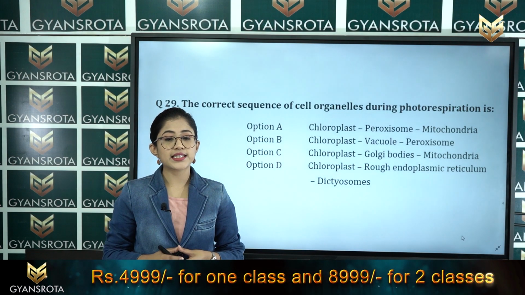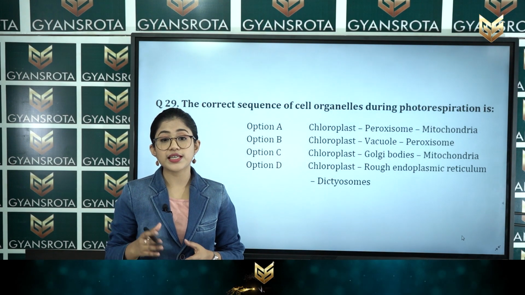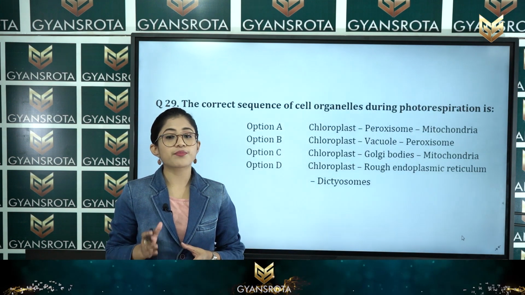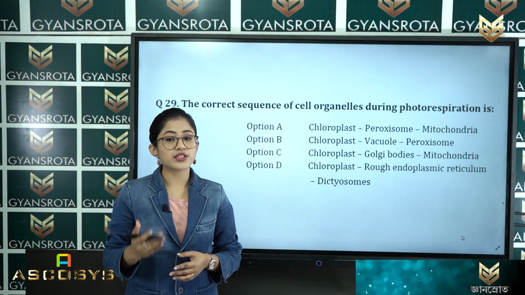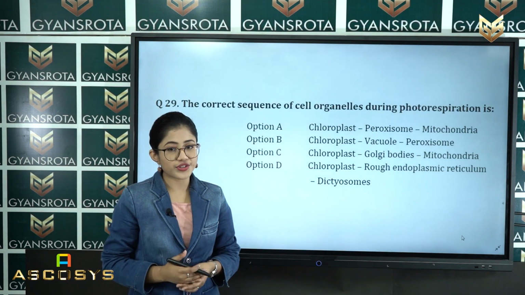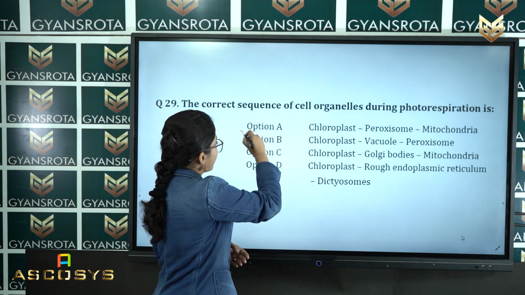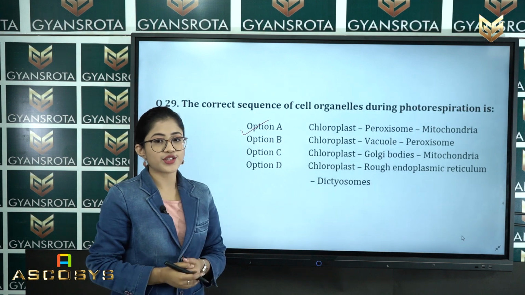So, what is the correct answer student? The correct sequence of cell organelles during the process photorespiration is chloroplast, then peroxisome and then mitochondria, which means option number A is the correct answer for this question.